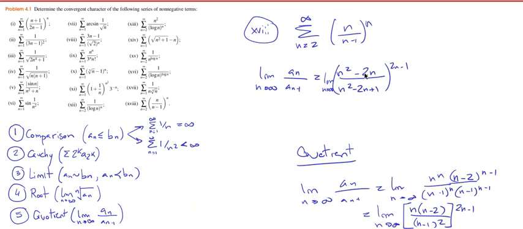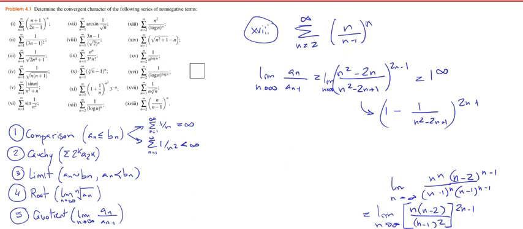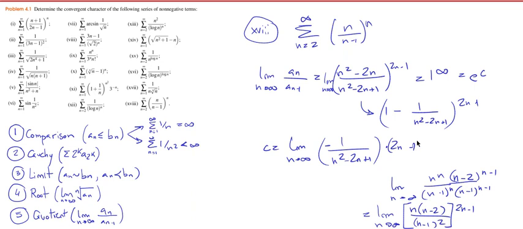And you can see that this is also 1 minus 1 over n squared minus 2n plus 1, to the 2n minus 1. So this is clearly 1 to the infinity, so the limit is some kind of e to the c, and we need to find c. But c is the limit when n goes to infinity of minus 1 over n squared minus 2n plus 1 times 2n minus 1.